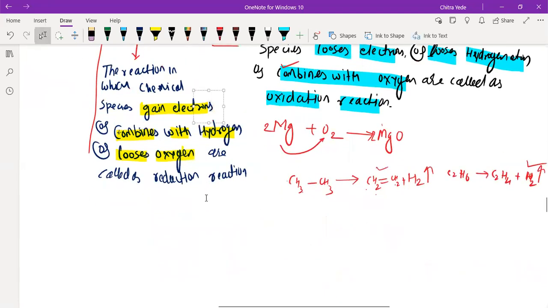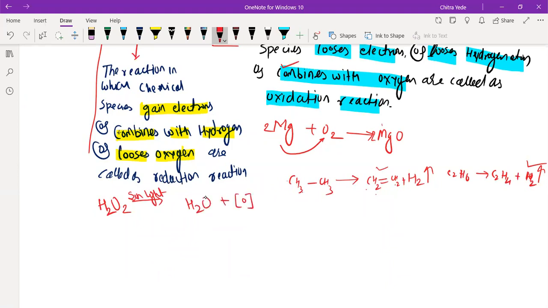So we had just discussed in our previous example where hydrogen peroxide H2O2 is decomposed in presence of sunlight. So what happens here? H2O is formed and nascent oxygen. It is the atomic form of oxygen and is called nascent oxygen and it is very, very reactive.